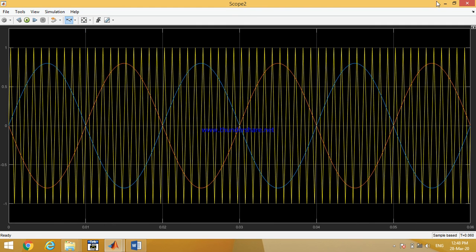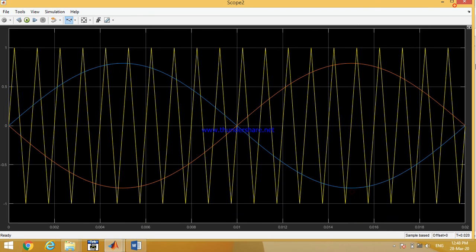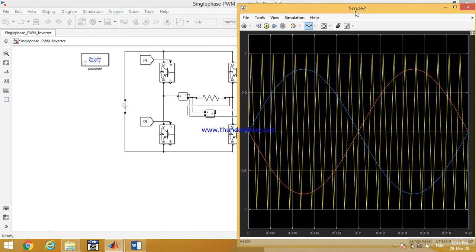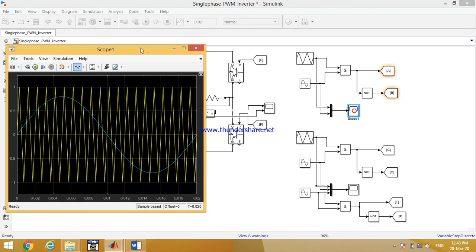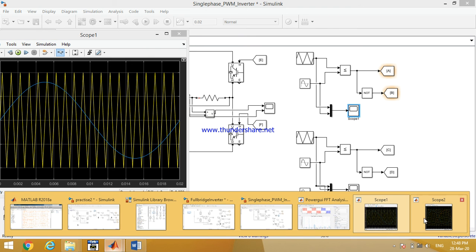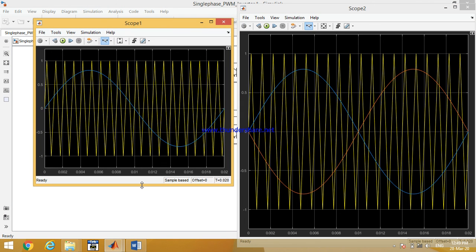We are simulating it for one cycle, 0.02 seconds, that means 20 milliseconds, right? So you can visualize both voltage waveforms simultaneously. See, we have simulated this too, right?